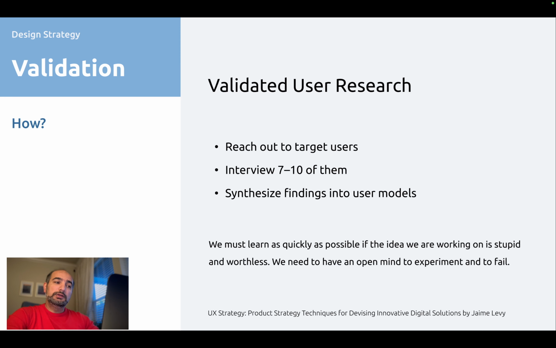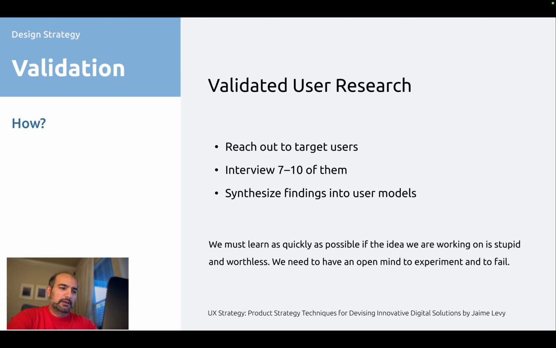First of all, we need to reach out to the target users. I'm going to talk about how to narrow down and specify the characteristics of the users later. But the important thing is to find a way to reach out to target users. It could be through social media. It could be going to a location where we find our users.